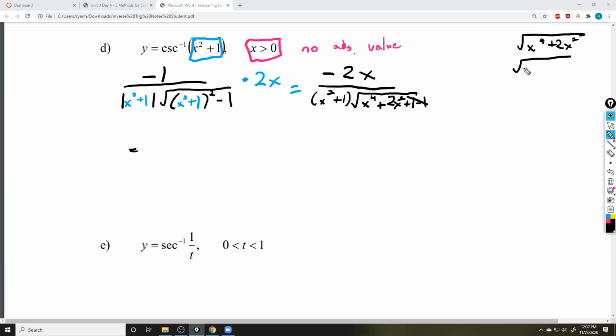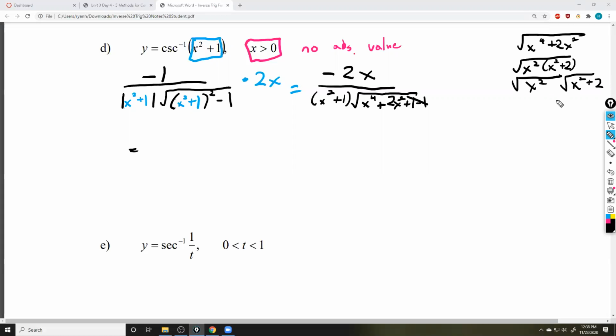That equals the square root of, well, I can take an x squared out of there. And so this means that I can have the square root of x squared times the square root of x squared plus 2.